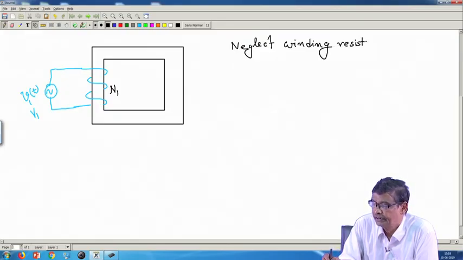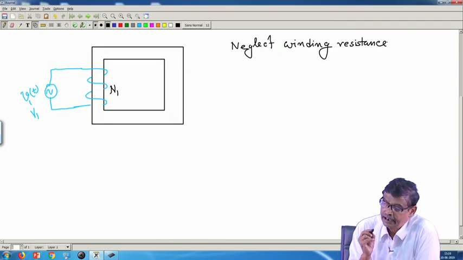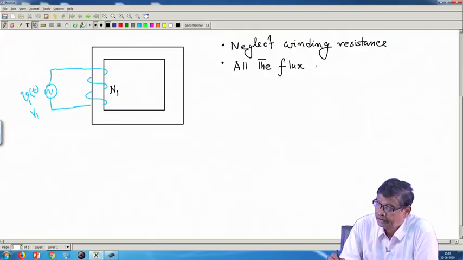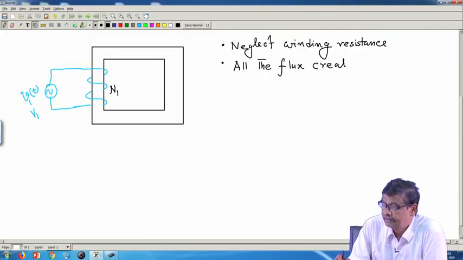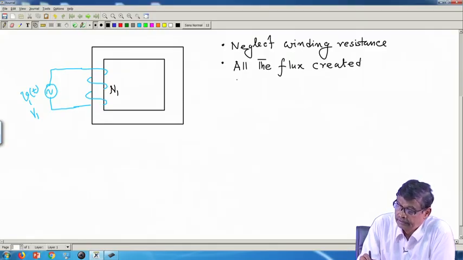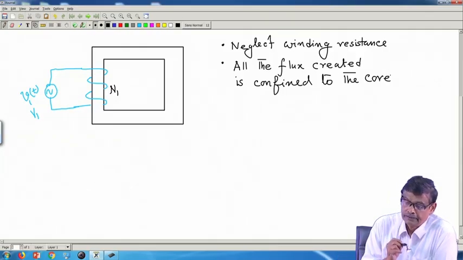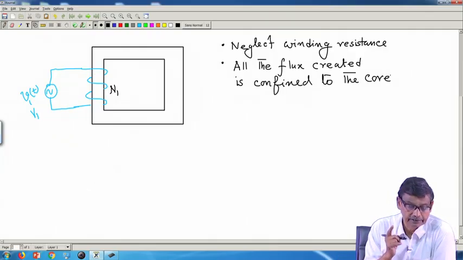Suppose the winding resistance is vanishingly small, and also let us assume that all the flux created is confined to the core only. That is, in other words, there is no leakage flux.